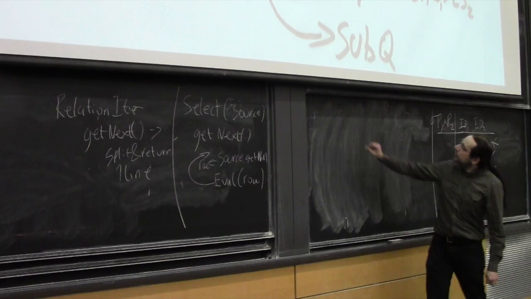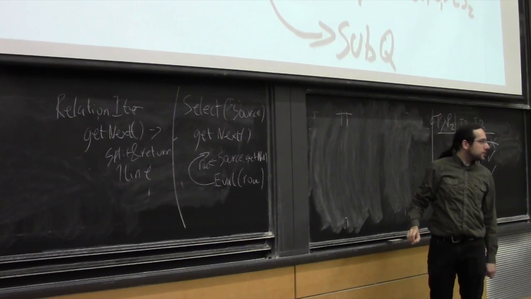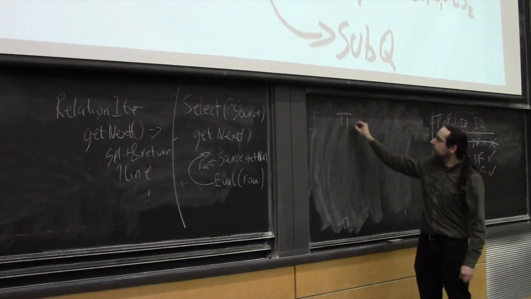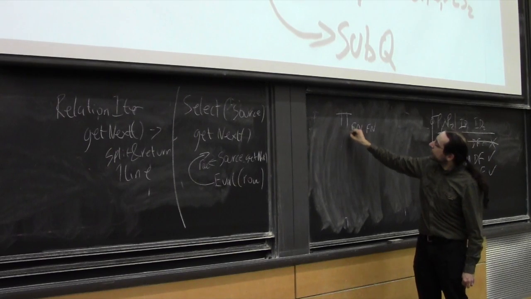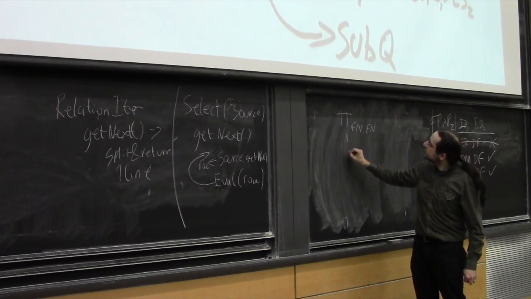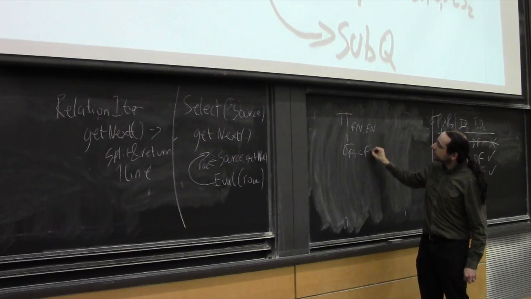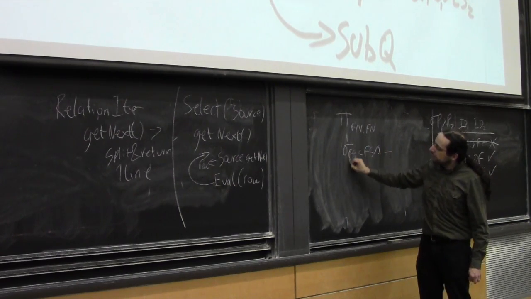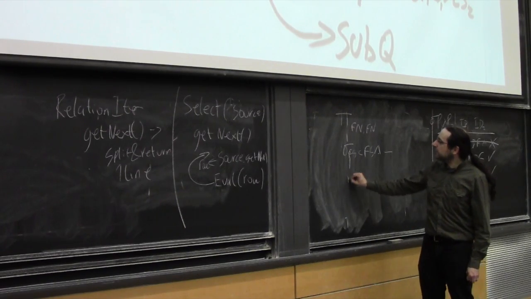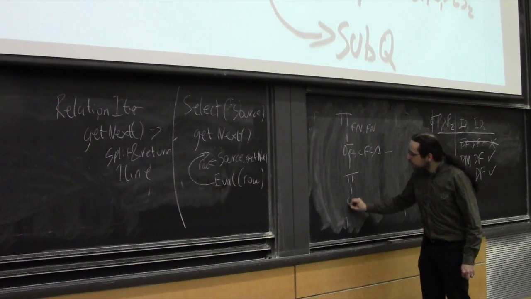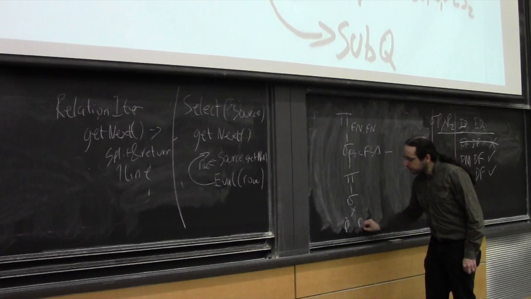What I'll end up with is the projection of first name, the selection of for season, and then I have my subquery, which is another projection, another selection, and then the cross product of players with players.